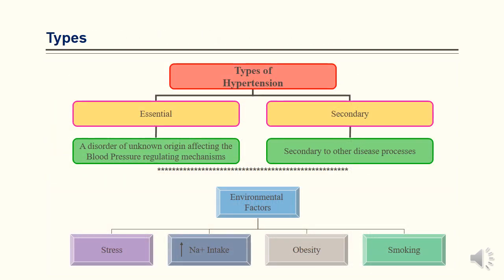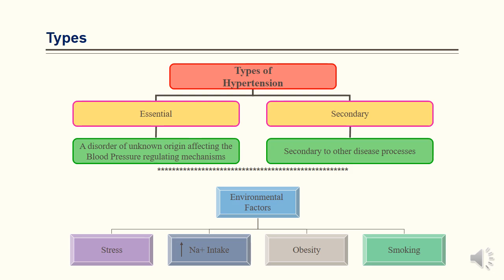Now the types of hypertension. In this classification we can see hypertension may be primary or secondary, or essential and non-essential.